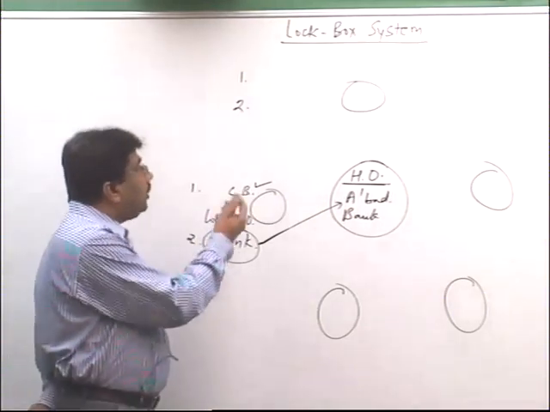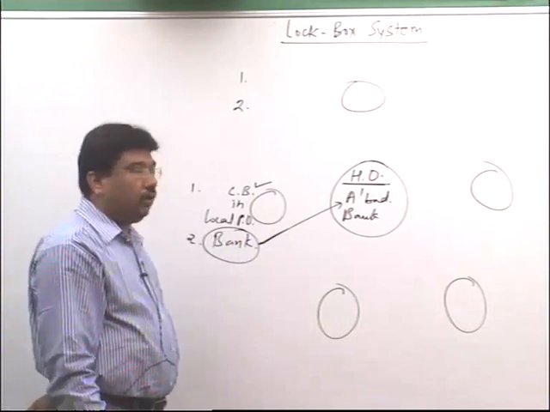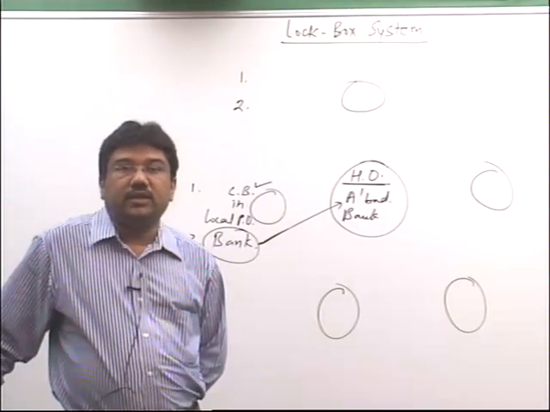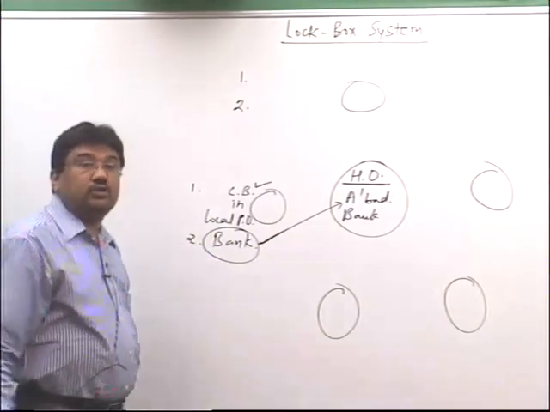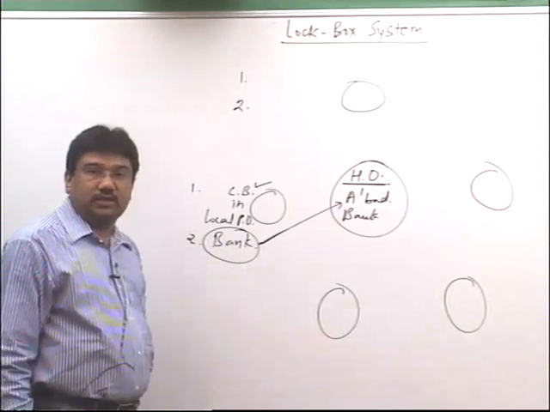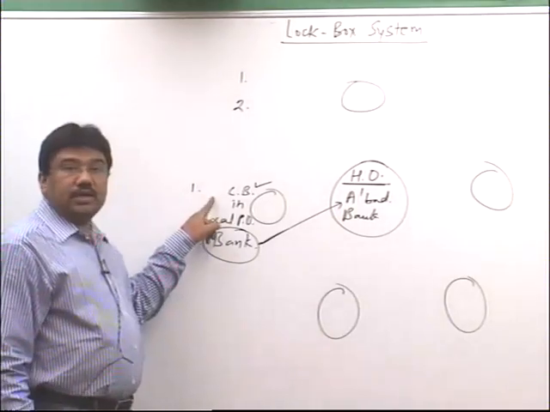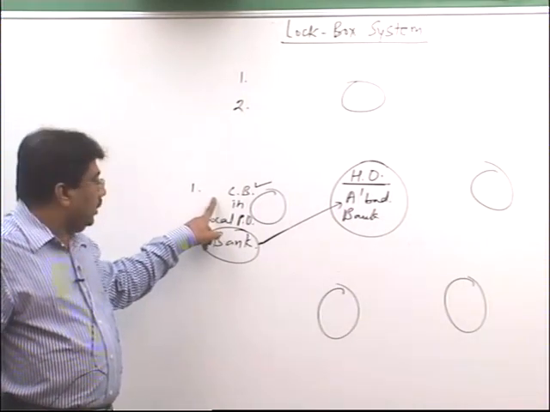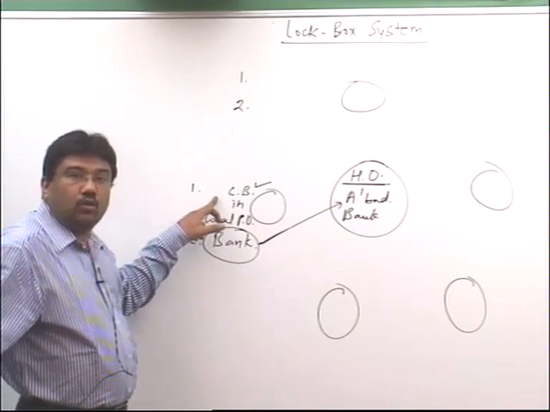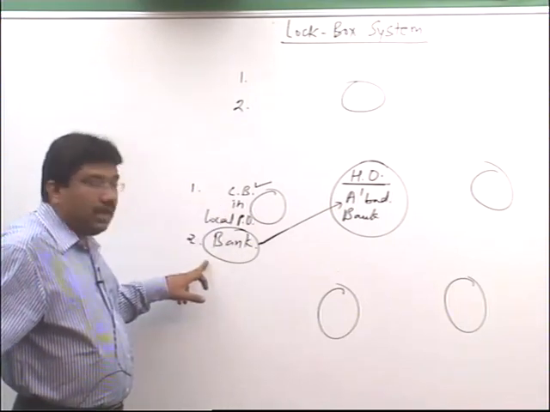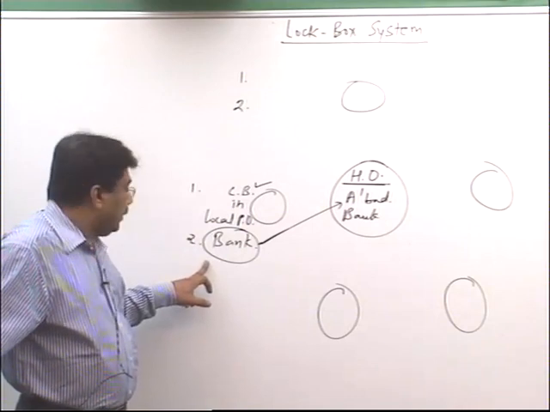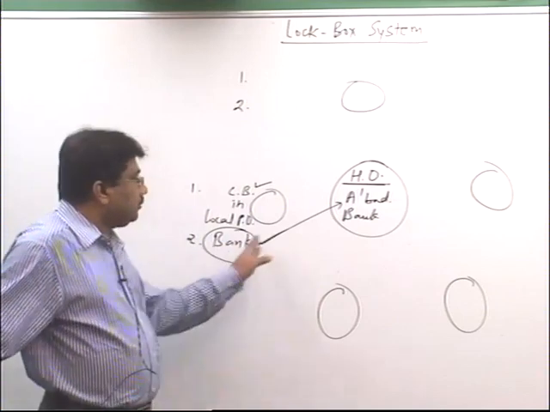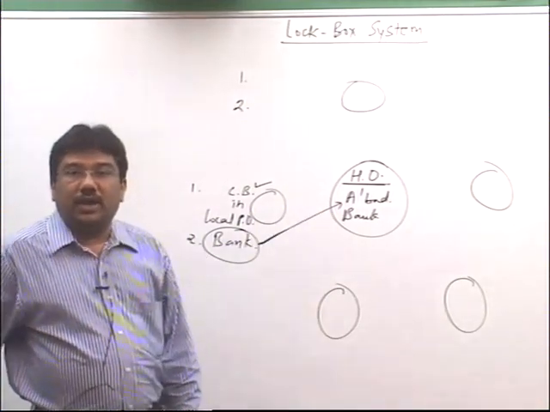So thereby the fund collection at the bank account of HO will become fast. So here the only difference between concentration banking and logbox is, in concentration banking the company opens its own collection center where the company employs its own employee, which is the collection center executive, but here the company need not open its own collection center, it need not hire any employee, rather it will hire a logbox in the local post office, and the local bank will act as the agent of the company, and the bank will collect the checks and deposit them into the bank, and then the surplus fund will be transferred to the bank account at HO.